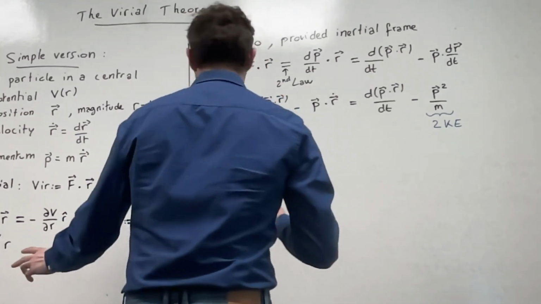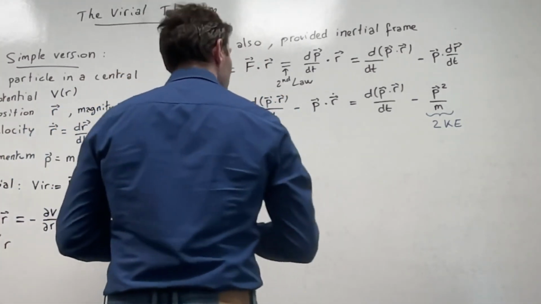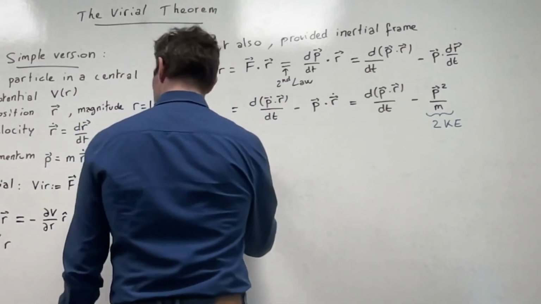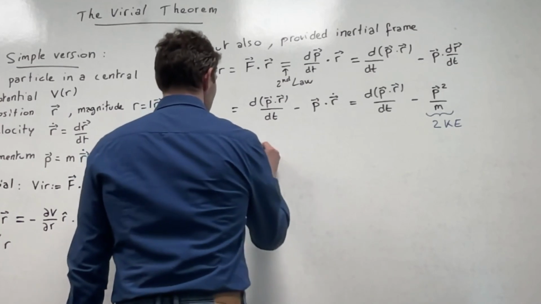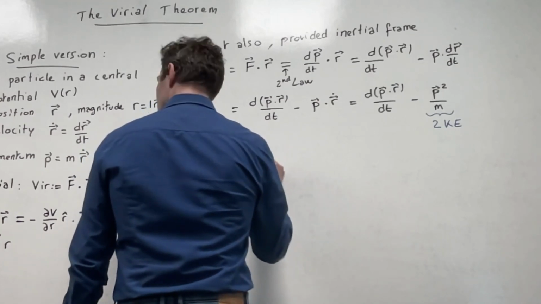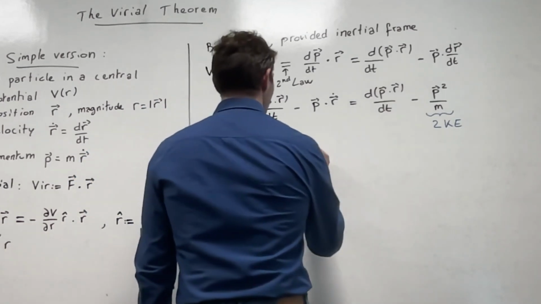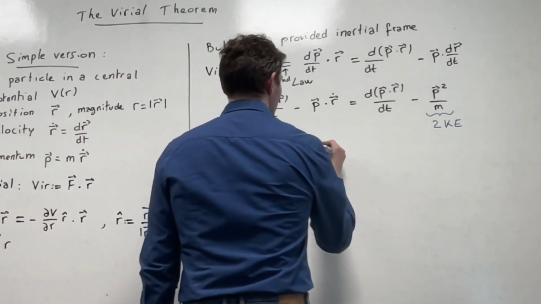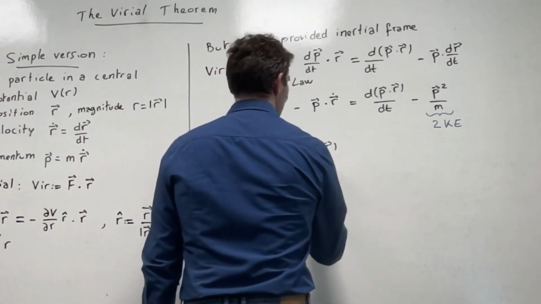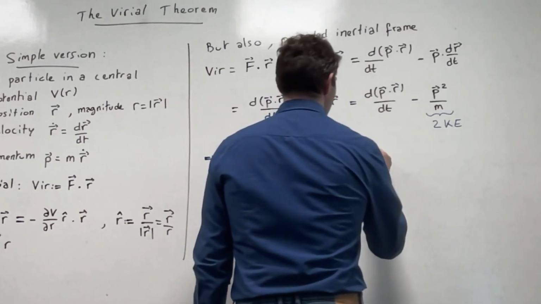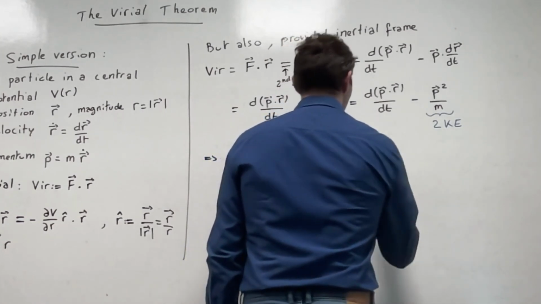If I actually put these results together, we get, therefore, that minus dV/dr times r is equal to d of p dot r over dt minus basically 2 times the kinetic energy.